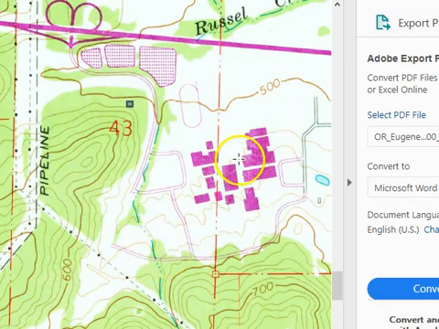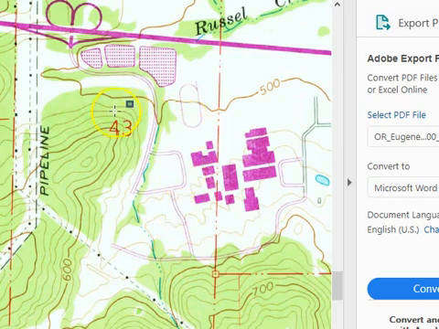I am in the center building, which is right here, and I have the 500-foot contour line. So this line would be 520 feet, and the center building is at about 520 feet. Now you can see that these contour lines are far apart, so there's a very gentle slope here.